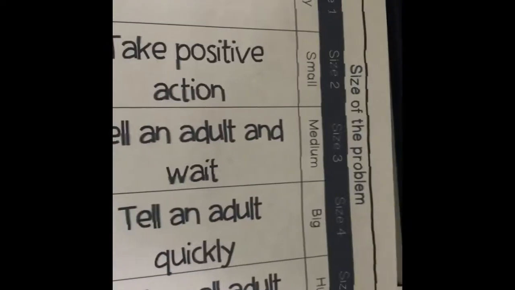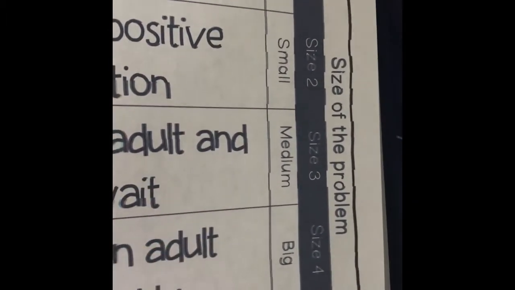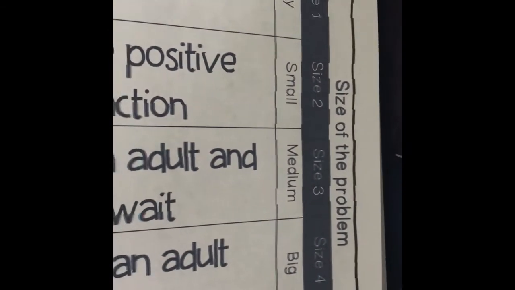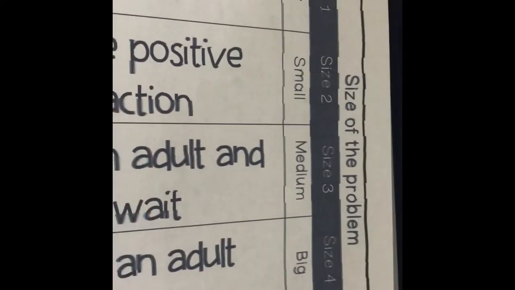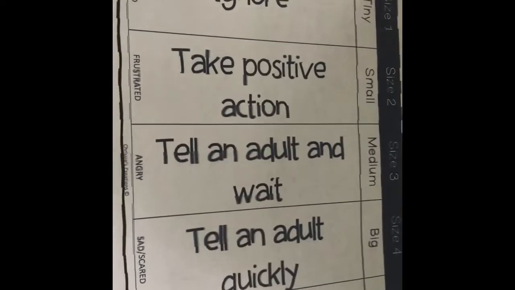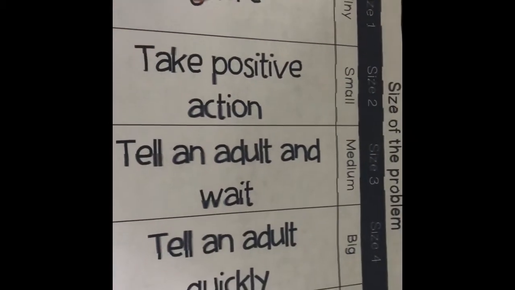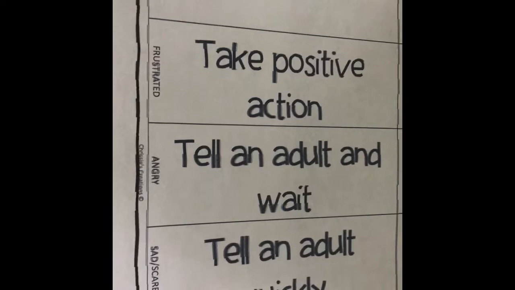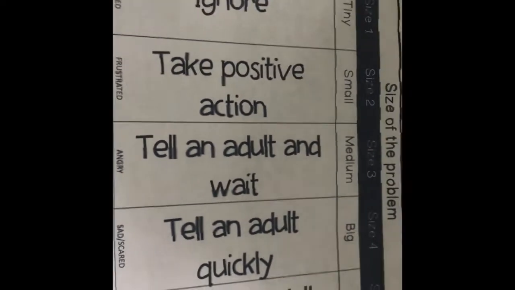So first, let's look at size of the problem. You guys are familiar with the wording tiny, small, medium, big, and huge. This paper also adds 1 through 5 to correlate with those. The next part of this paper is the reactions that it gives you that you can match to those sizes of the problem, as well as emotions on the bottom that you may feel during those.